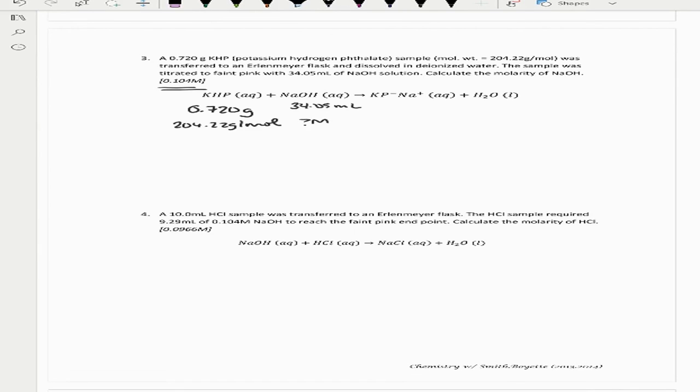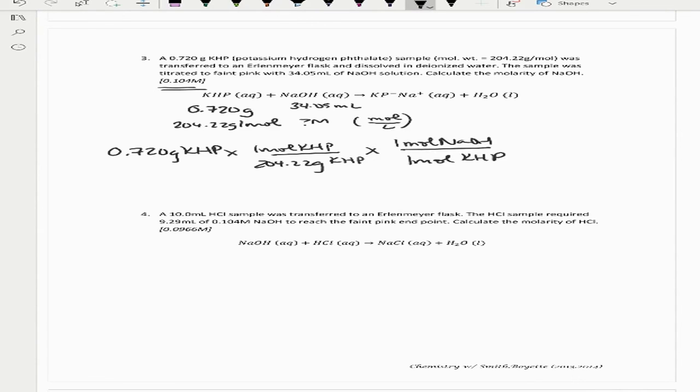So remember that we're solving for molarity, so we're looking for something with the units of moles per liter. In order to solve this problem, we're going to start with 0.720 grams of KHP. We're going to convert that to moles using molar mass. We're going to use mole ratio to convert from KHP to NaOH. And this is going to give us an answer of 0.00353 moles of NaOH.